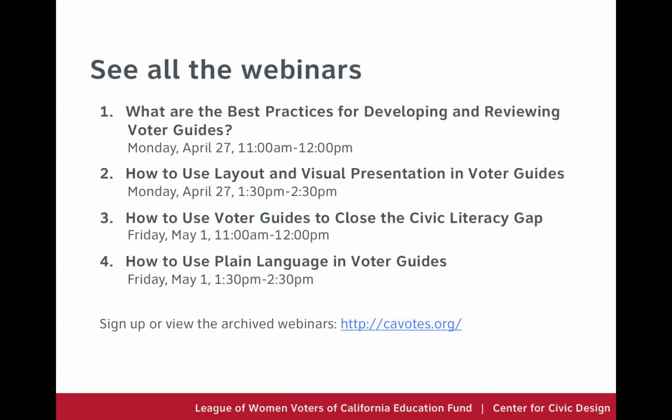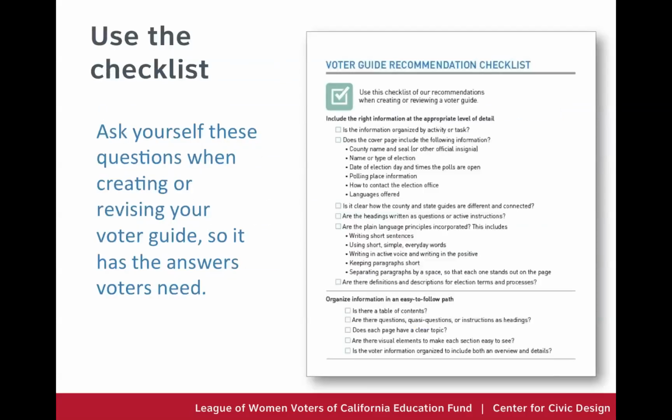The last two webinars will be this Friday, which will talk more about the civic literacy gap and how to close that using the voter guides, as well as how to use plain language in the voter guides. And all of this information is coming out of our manual, the Best Practices Manual for Official Voter Information Guides. And the link is there also at cavotes.org.